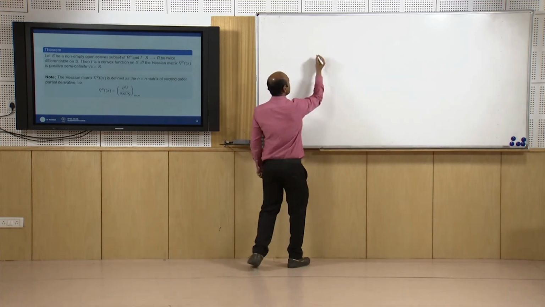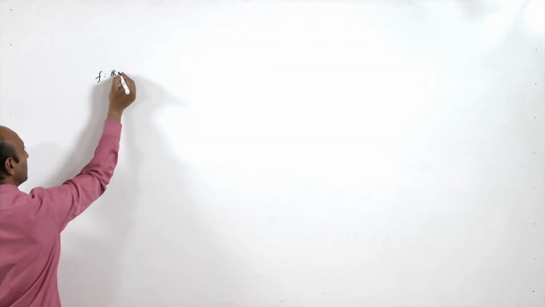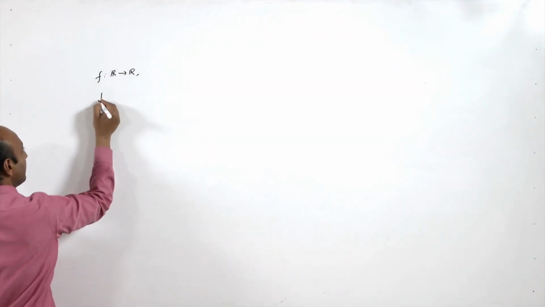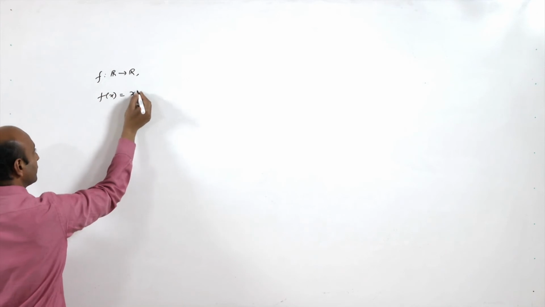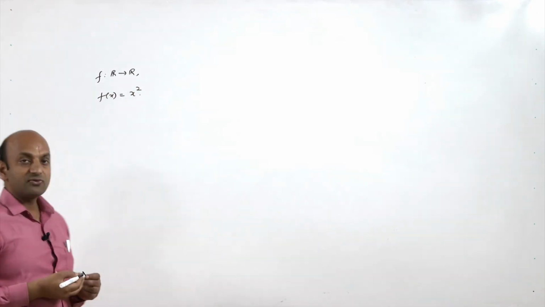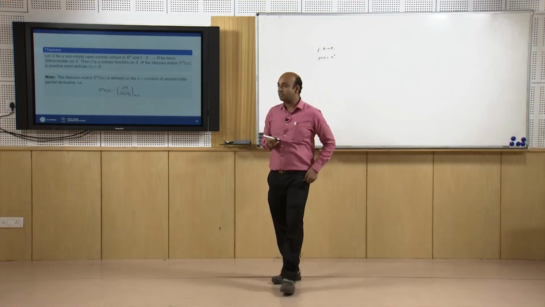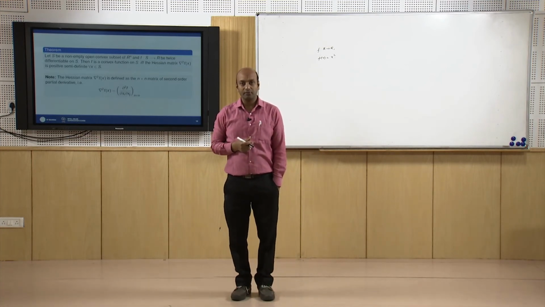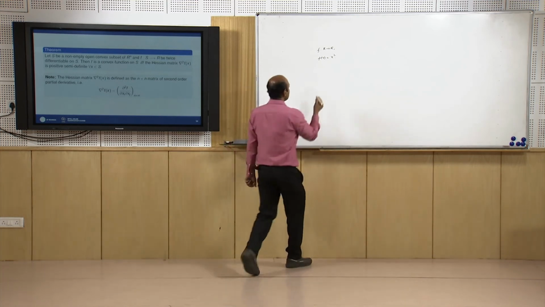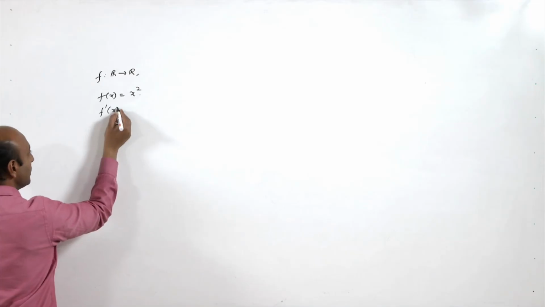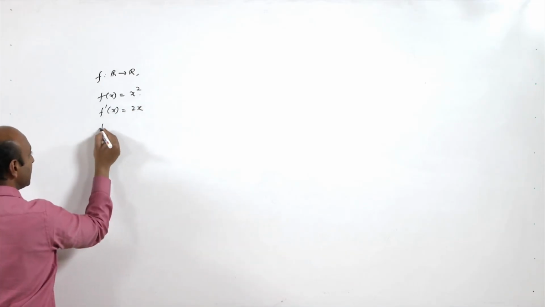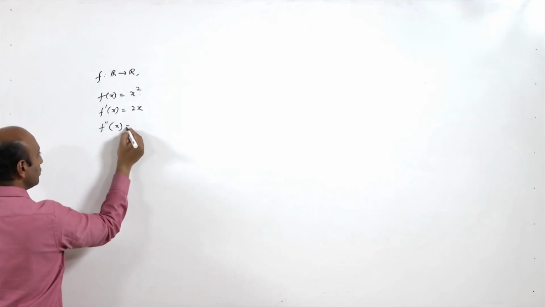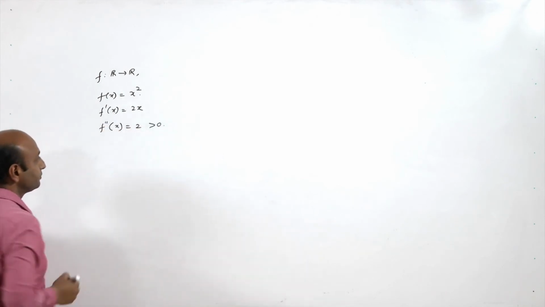Suppose the function is from R to R and f x equal to x square. Now, when the function is from R to R, what is the Hessian matrix of this function? The Hessian matrix is simply the second derivative of f. So, the first derivative is 2x and the second derivative is 2, which is greater than 0.